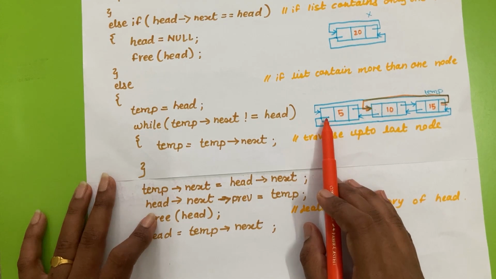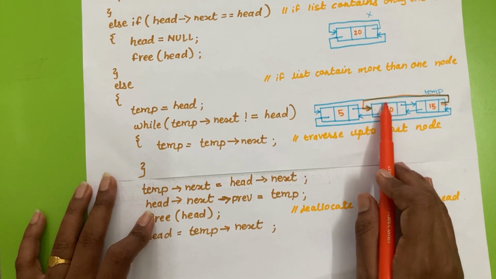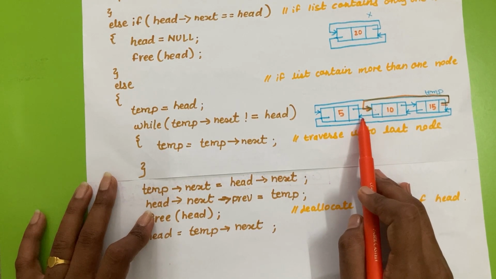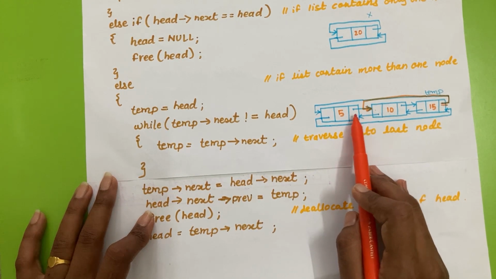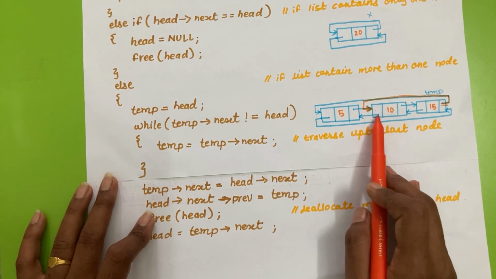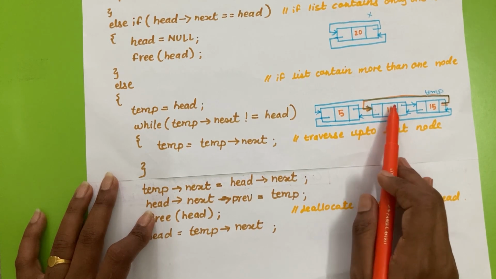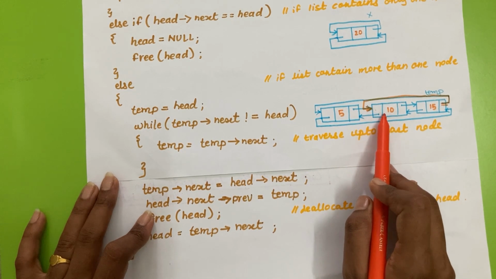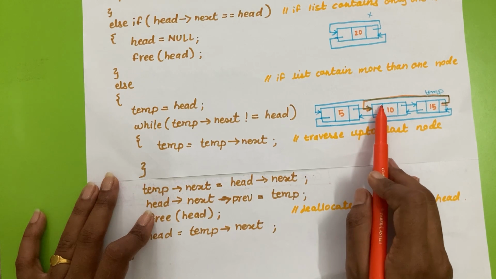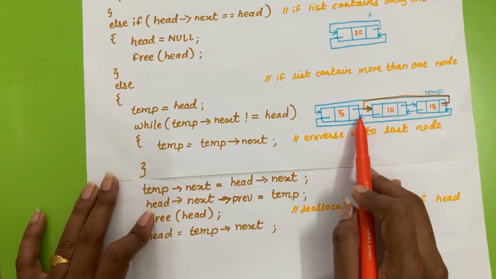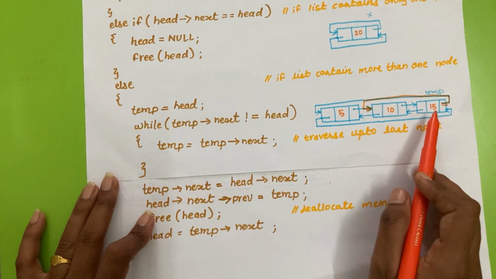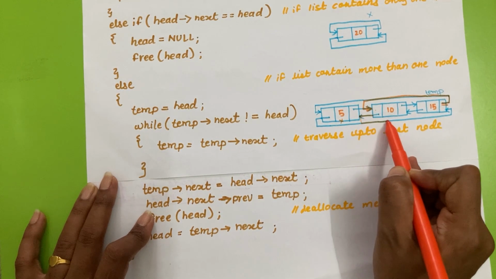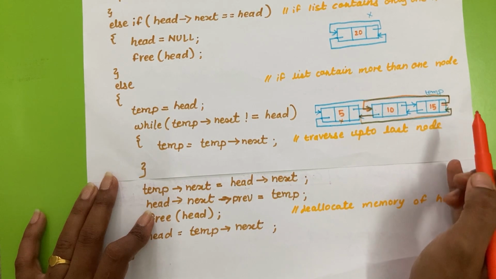Now we have to change the previous pointer of the node, that is head next. So we have to make changes in this node also. The previous pointer of the head's next node will point to this temporary node, because we are going to delete the head node.